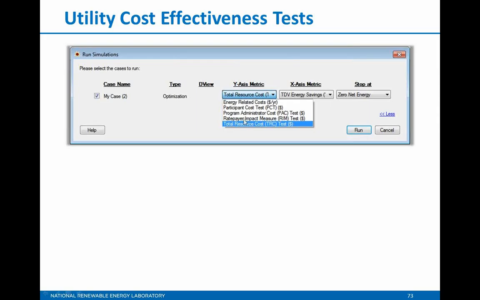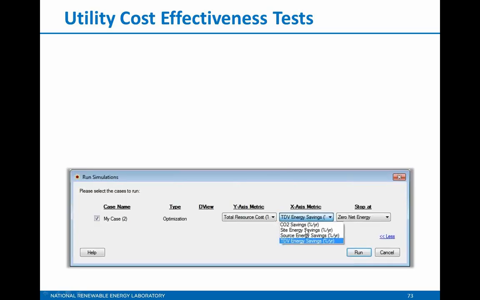But now one can select which cost test one wants to optimize for, and also on the x-axis, as a function of what. Originally BEopt was done for source energy savings, but in California mode, often time-dependent valuation energy savings are the appropriate selection for the x-axis.